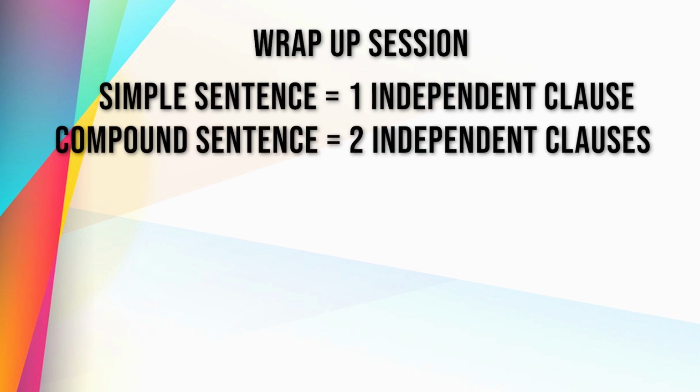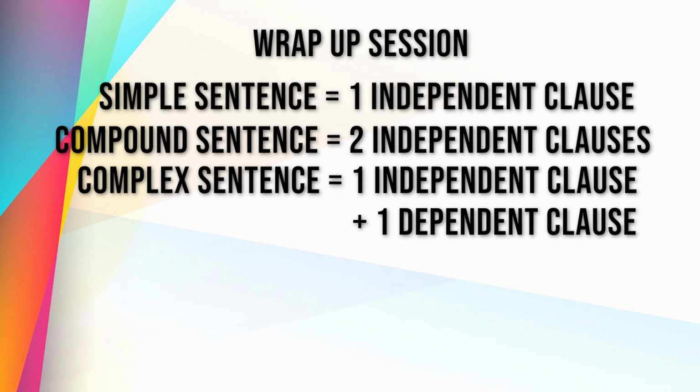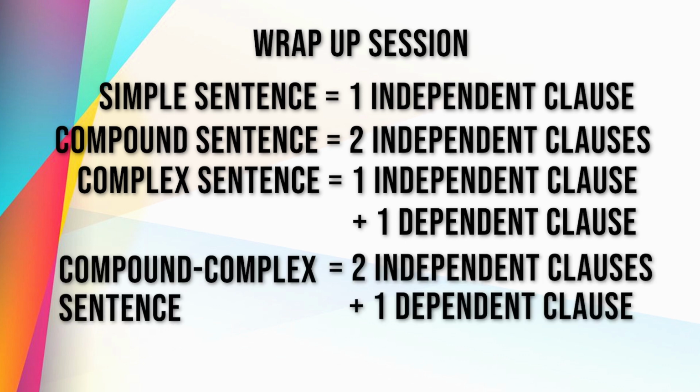Number two, compound sentence is equal to two independent clauses. Number three, complex sentence is equal to one independent clause plus one dependent clause. And lastly, number four, compound complex is equal to two independent clauses plus one dependent clause.